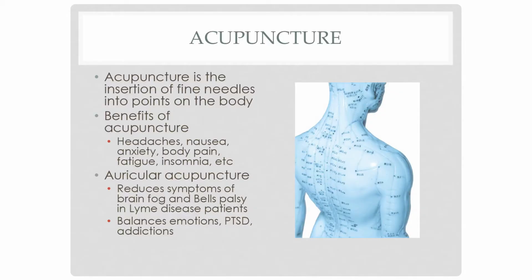So acupuncture is the insertion of fine needles into the points on the body. There's many benefits of acupuncture. I've listed a couple here that are of Lyme symptoms: headaches, nausea, anxiety, body pain, fatigue, and insomnia. There are many more benefits of acupuncture. Auricular can be especially helpful for balancing emotions, for PTSD, addictions, and for the brain fog and Bell's palsy that we see.